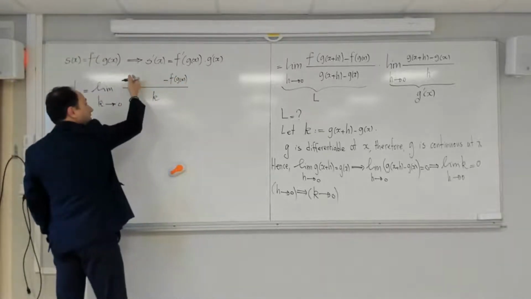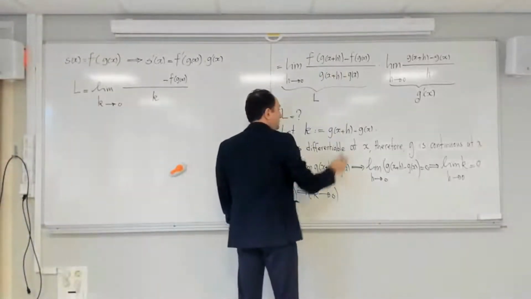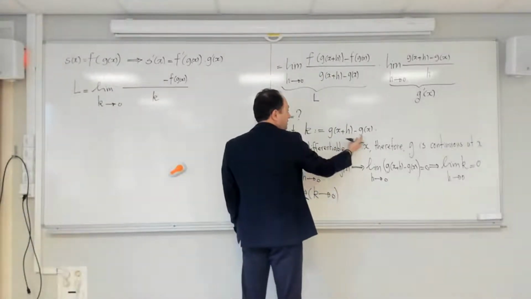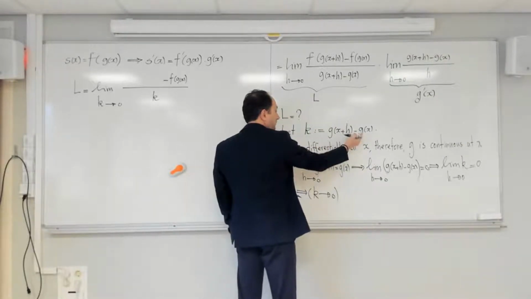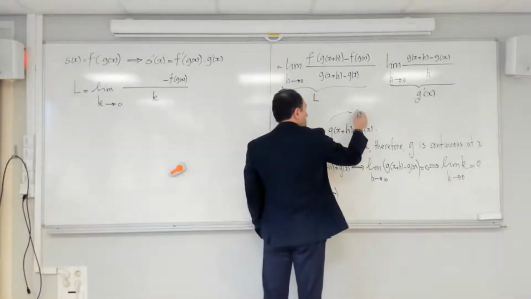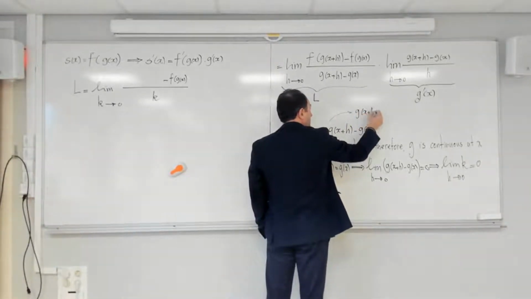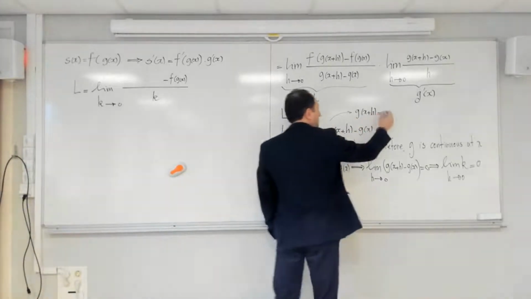But what can I write here? This depends on my variable h. But that is also very simple. You just move g of x from the right-hand side to the left-hand side. So this implies that g of x plus h is equal to g of x plus k.